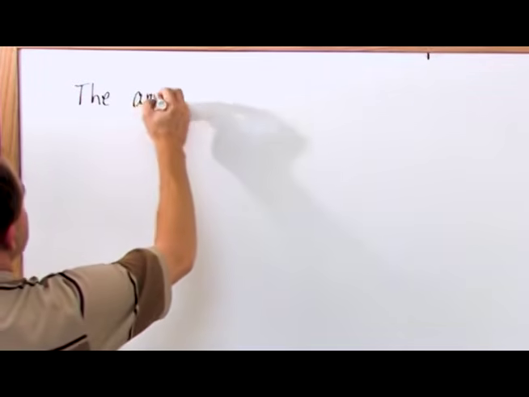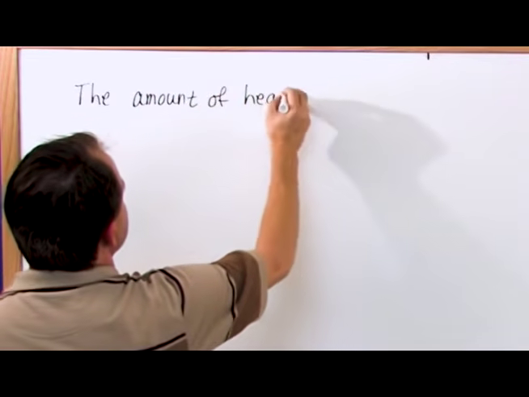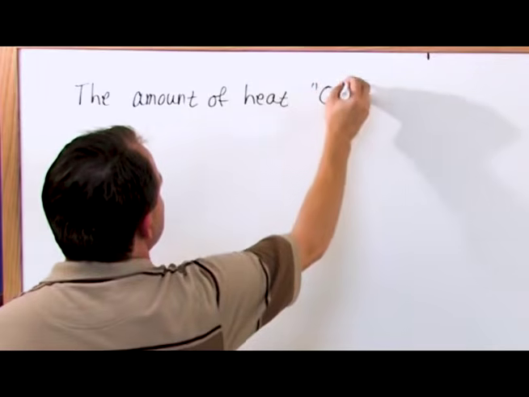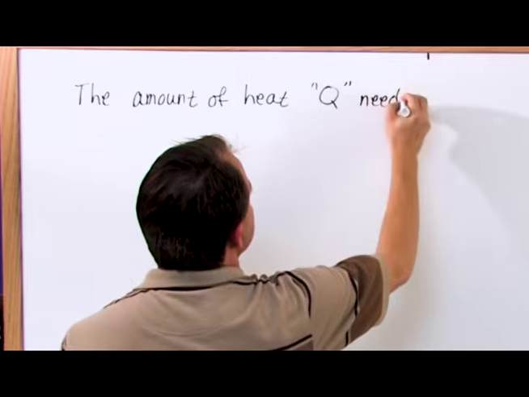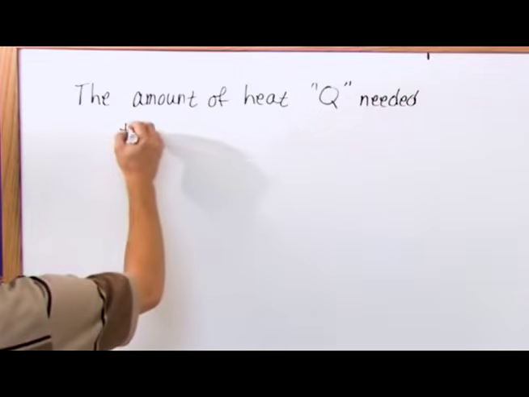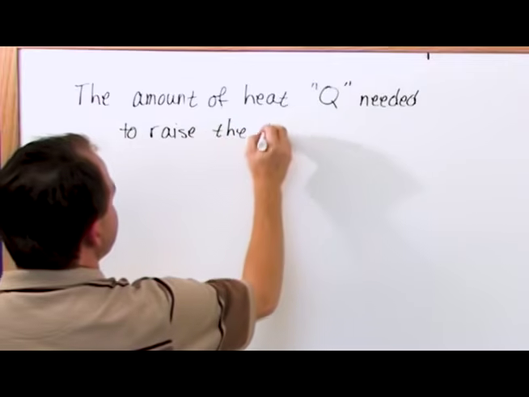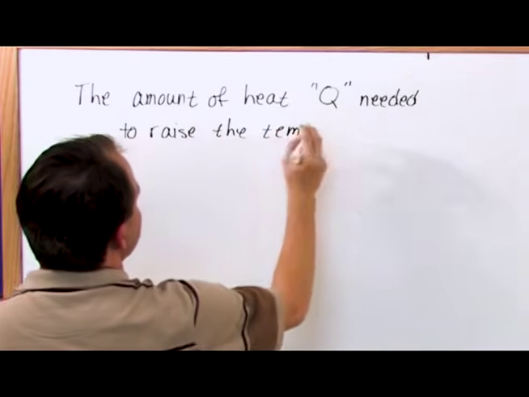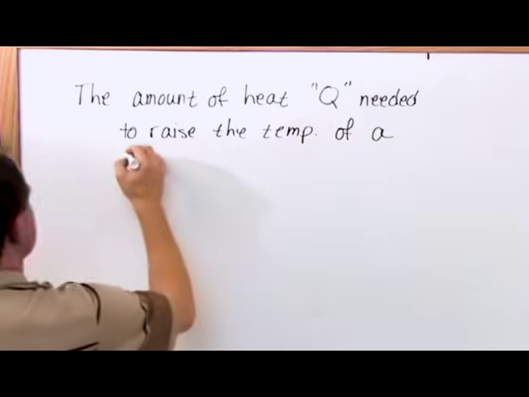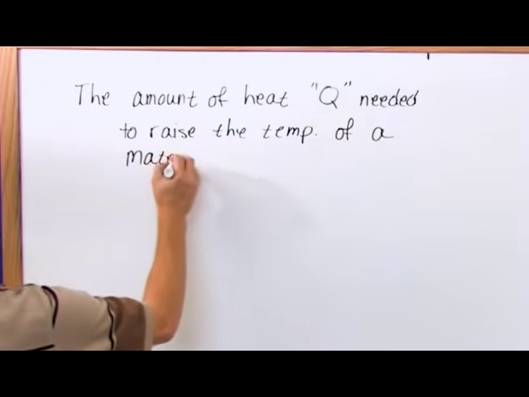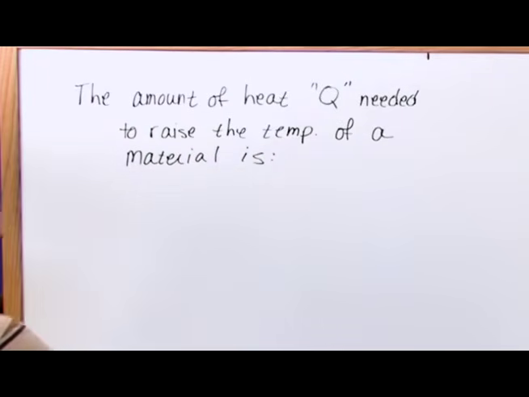The amount of heat, Q, needed to raise the temperature, and I'm going to abbreviate that temp for temperature, of a material is, and the good news is it's an incredibly simple equation.